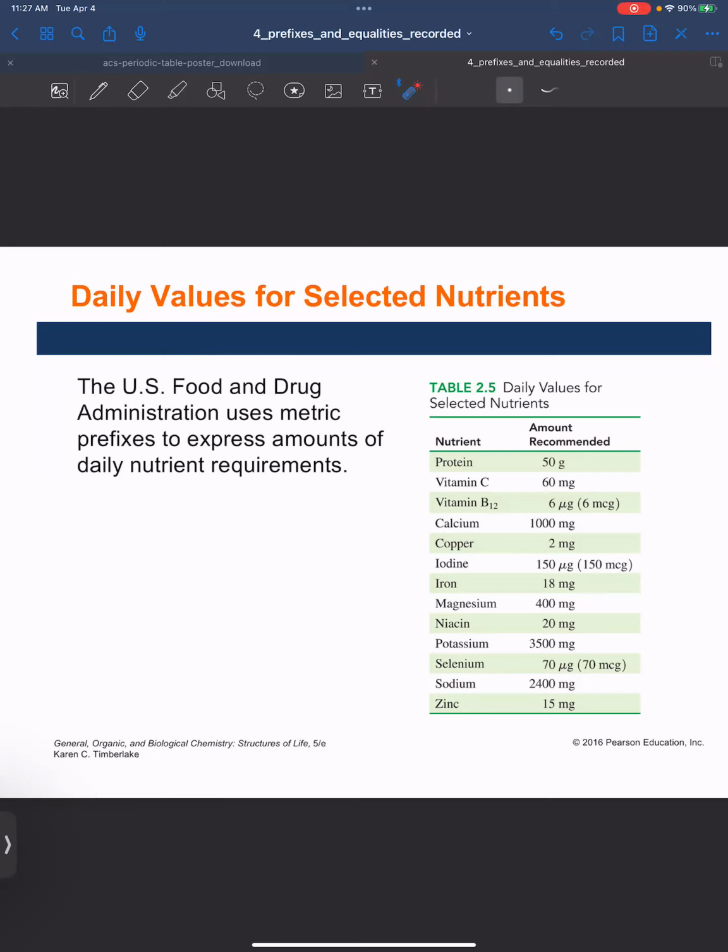So for example, for the daily values of selected nutrients, the amount recommended by the FDA for protein is 50 grams a day, vitamin C, 60 milligrams, vitamin B12, 6 micrograms. Another abbreviation for micro is little m, but we will use the mu symbol. And you can see all the other nutrients that we need in our daily diet using the metric system.